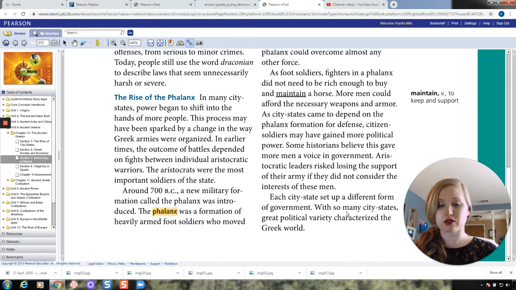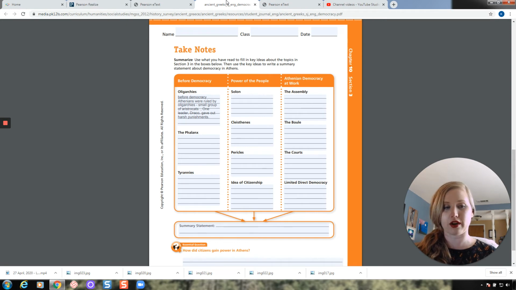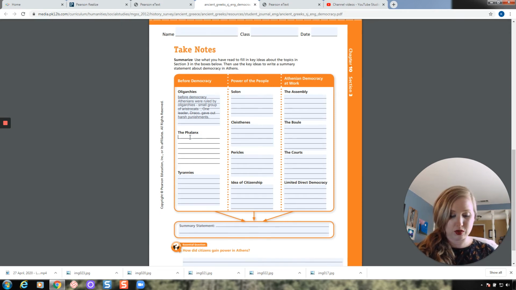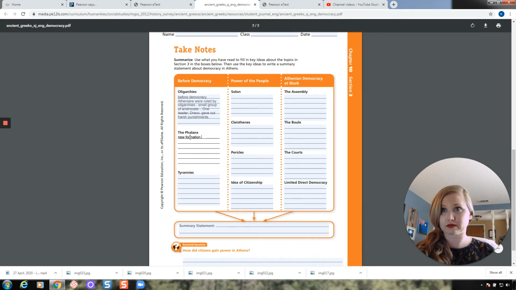So now we see this new idea of the way that their soldiers are marching in battle and how they're gaining power from the fact that citizens could now be soldiers. You didn't have to be a rich man with a horse to be a soldier. So the phalanx, let's see. So this was a new formation of foot soldiers.